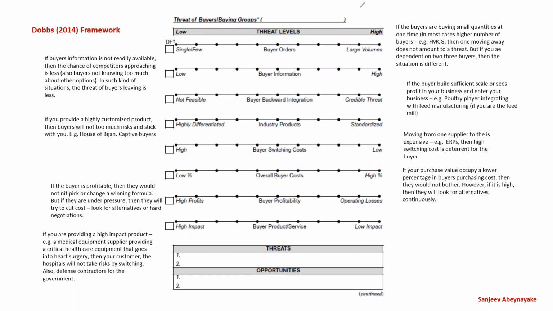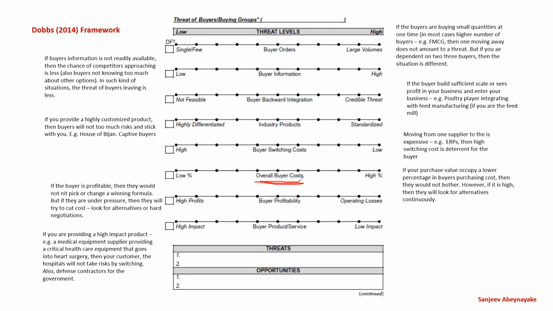The other one is the percentage of your buyer's total cost. Now, this is an interesting one. Let's say that you are a supplier in a particular industry, and if your product is a significant part of your buyer's cost, then the buyer will be very careful about that cost item.